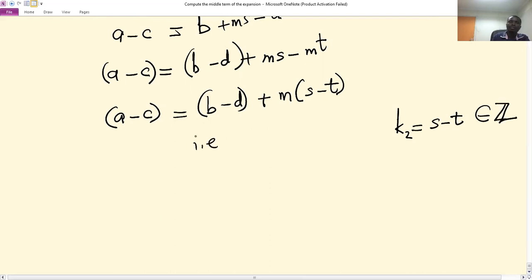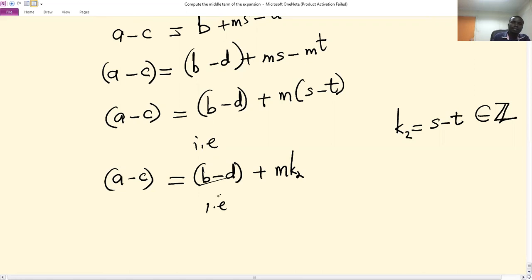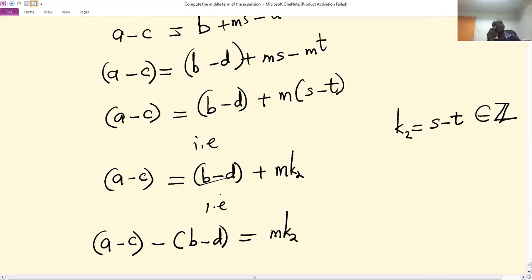So we'll have A minus C equals B minus D plus M K2, i.e. A minus C, you subtract B minus D, you get M K2. Remember, K2 is an integer.